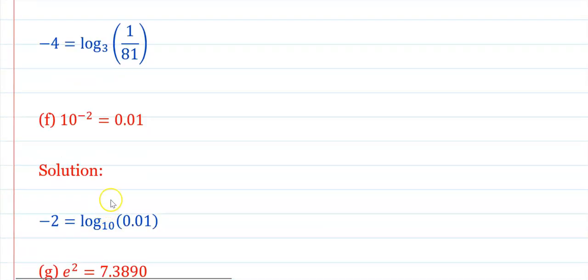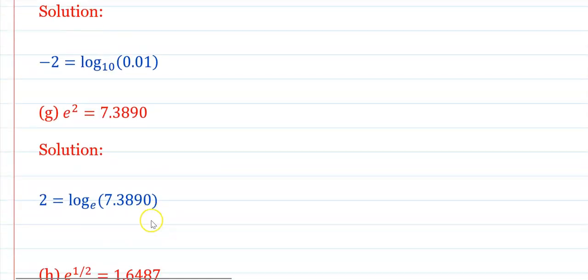Okay. Now the next, 10 raised to minus 2 is equals to 0.01. Again, in the logarithmic form, minus 2 is equals to log of 0.01 to the base 10. Okay, here e raised to 2 is equals to 7.3890.